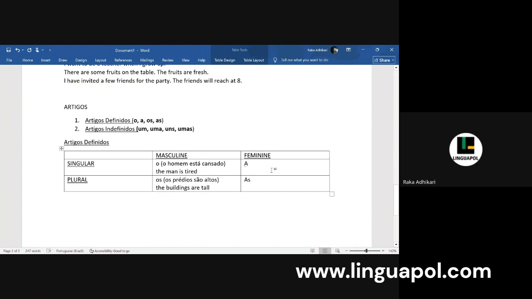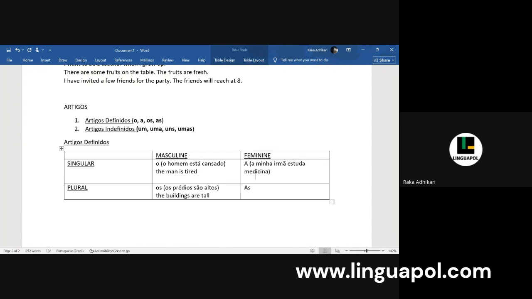See an example with a. A minha irmã estuda medicina. What is the meaning? My sister is studying medicine. My sister studies medicine.